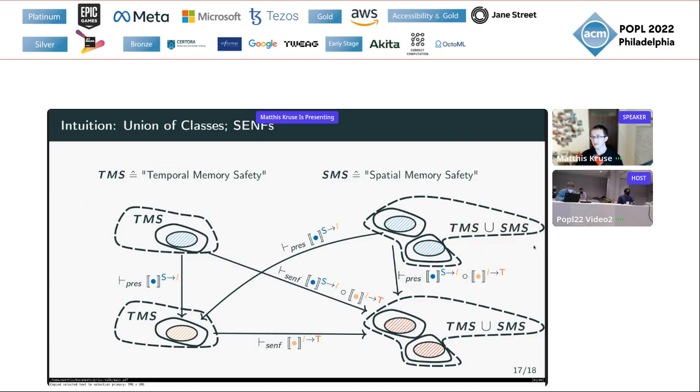And in the case when it is in both, then we again have the intersection case where we know that it is both in temporal memory safety and in spatial memory safety, also in the target. But if we only know that it is spatial memory safe or temporal memory safe, then it gets a bit more hairy. Compared to the secure enforcement, where we can always conclude that the resulting target program is spatial memory safe, for example.